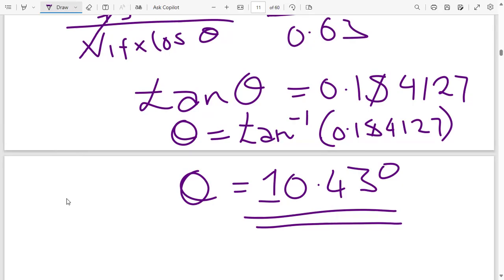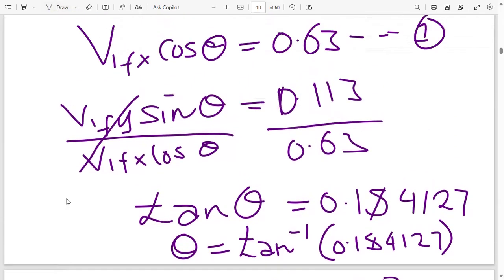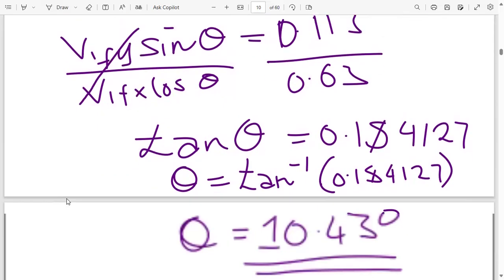Now that we've calculated theta, we can plug it into one of these equations. We plug it into the first equation of the x-axis, v1 final cos theta is equal to 0.63.